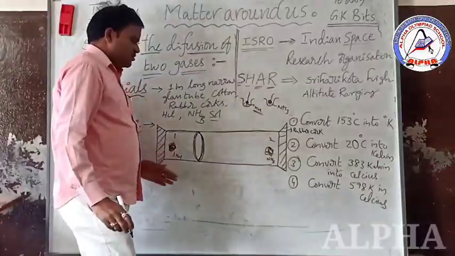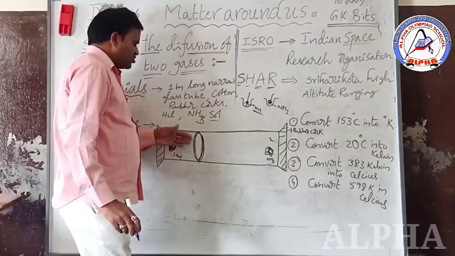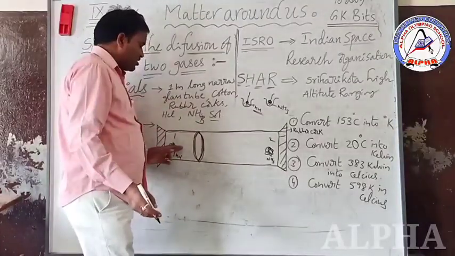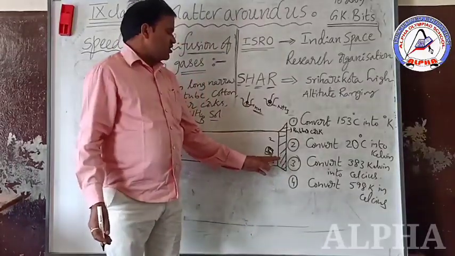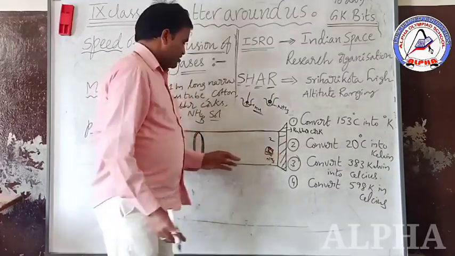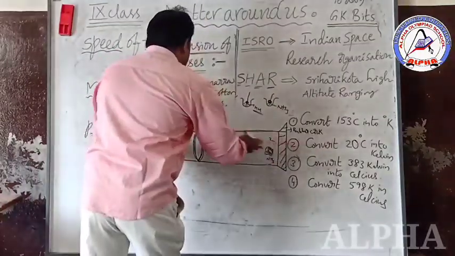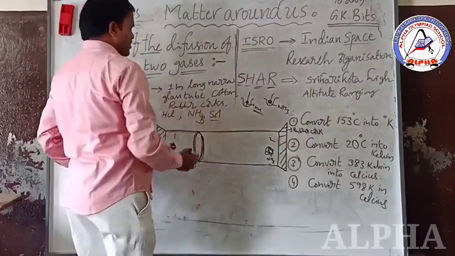The HCl solution gives HCl gas, hydrochloric acid gas. The ammonia solution gives ammonia gas. These two gases come closer to each other.